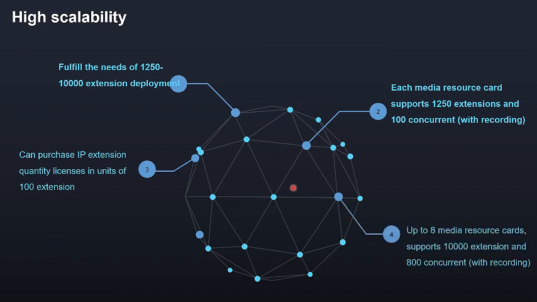Then you can allocate up to 8 media resource cards. This is for the dual machines, so dual unit can support up to 10,000 extensions, and of course 800 concurrent calls. We support distributed networking also. So that is our OM 8000, it's really highly scalable.